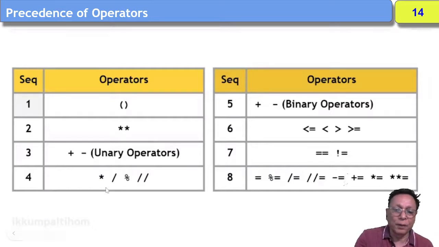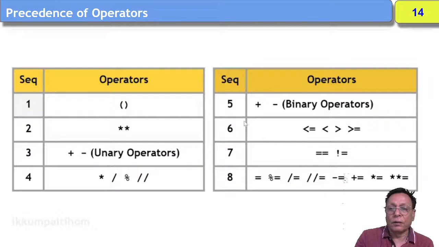For example, if the division sign appears first and the multiplication sign appears after it, division is executed first, and after division, multiply is executed. This follows FCFS, that is first come first serve.